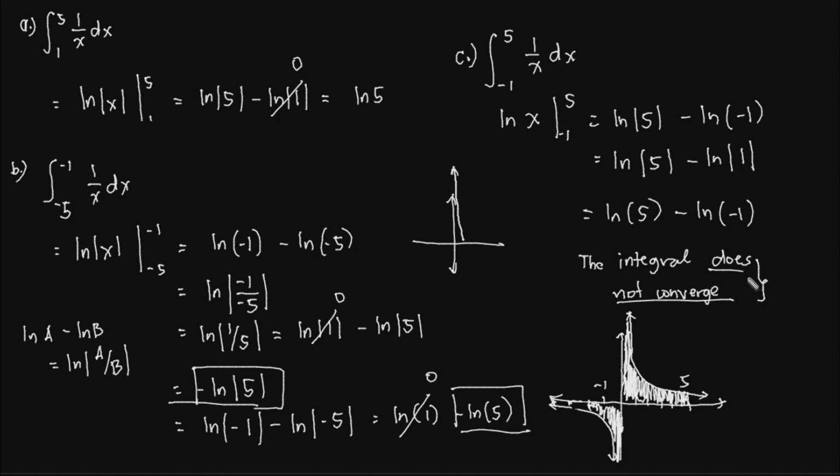So we could just say that it does not converge, and we cannot find any exact value. So just imagine this: if there is an asymptote, or any discontinuity in your graph between these two limits, then most probably it cannot be integrated, or you cannot get an exact value. Okay, so that's all for A to C.